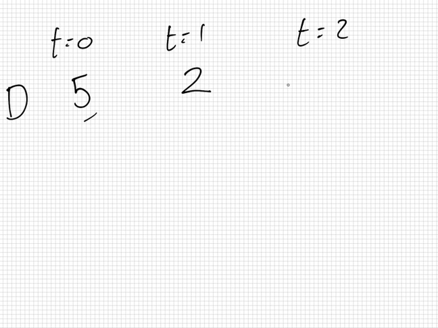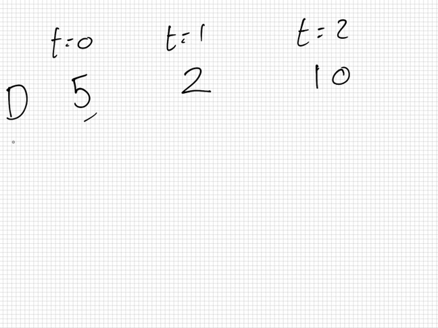If I say here's car A, here's car B, and here's, after 1 second, well, hang on. T is 0, 1, 2, and this is the distance between the cars. So let's say they're 5 meters apart, then they're 2 meters apart, then they're 10 meters apart. So at what time are they closest together? 1 second.